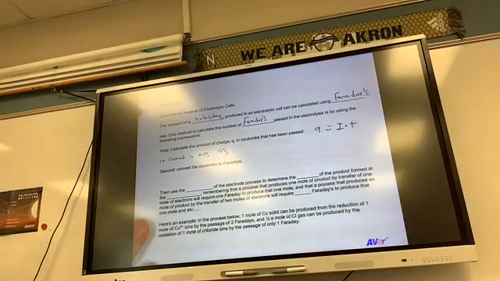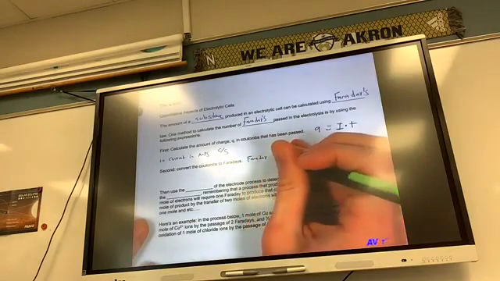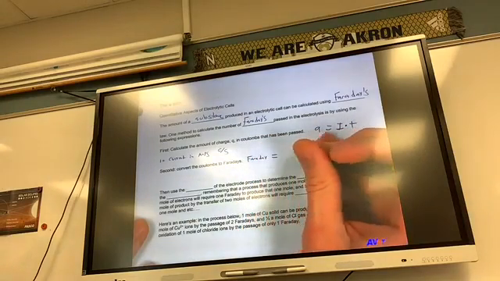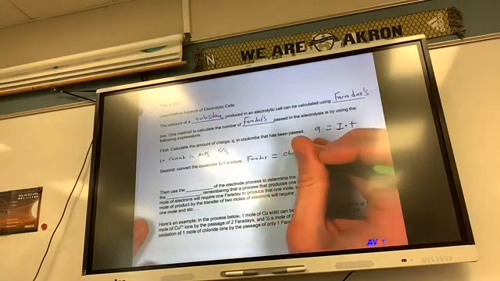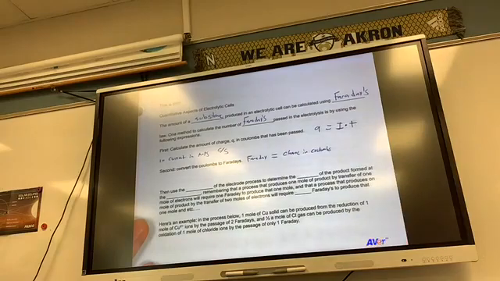Second, convert the coulombs to Faradays. We know that a Faraday, actually I don't know if we talked about this, is equal to the charge in coulombs. And once again, it all comes back to Coulomb's law.